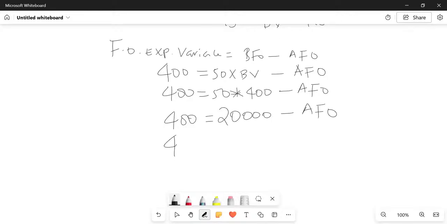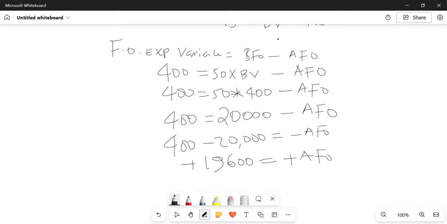So meaning that this will be 400 minus 20,000 equals minus AFO. So this will be minus 19,600 equals minus AFO. So minus and minus cancels out, meaning that the actual fixed overheads or actual production overheads will be 19 what here, somebody?